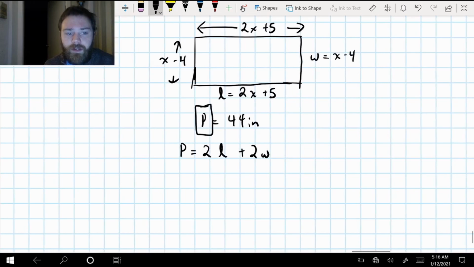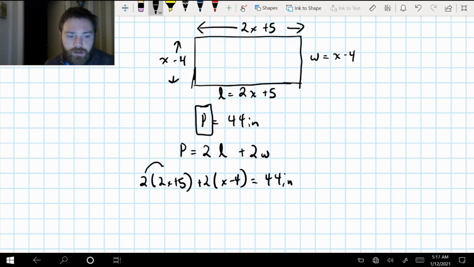That's the same thing. So I'm going to write this out. So this is telling me that my perimeter, P, is equal to 44 inches. And then it's also equal to twice the length. So 2 times parentheses 2x plus 5. And then 2 times x minus 4. And then I just distribute.